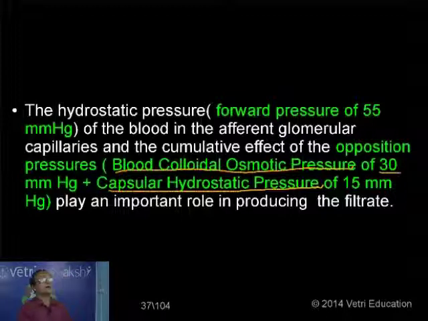And then the hydrostatic pressure occurring in the Bowman's capsule, where you have the collection of filtrate, called capsular hydrostatic pressure. It is about just 15 millimeter mercury. So altogether 45 millimeter mercury, the opposition pressure, normally opposes the hydrostatic pressure of the blood, the forward pressure.